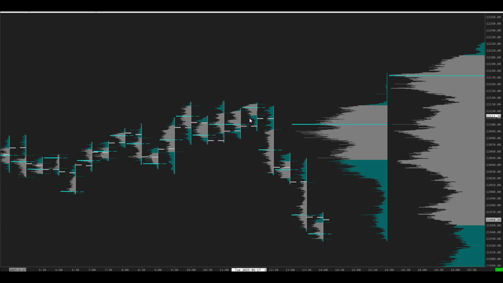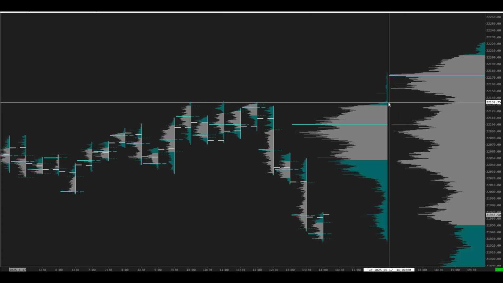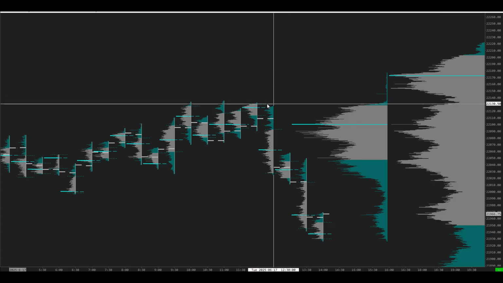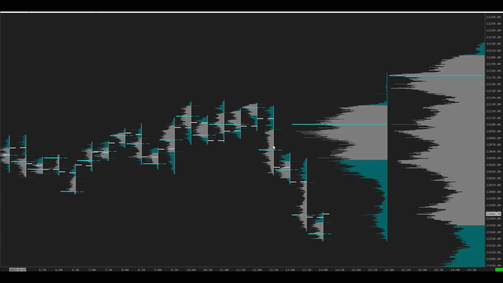It's not really showing any kind of strong signs of that. Then we finally get one that's looking a little decent, but it's still below high of day and it's below this LVN and it's trading into that 22,140 LVN area that I mentioned on FinTwit. And then they slam it back down.